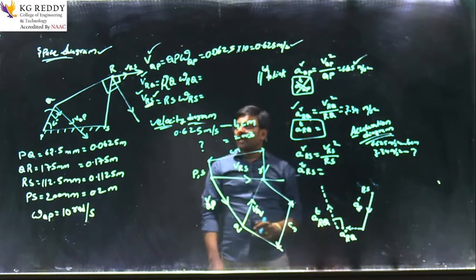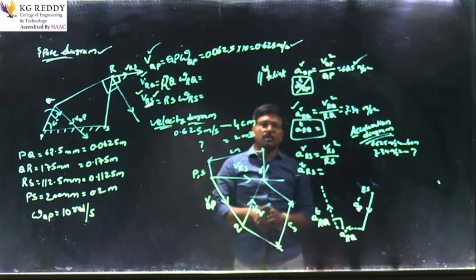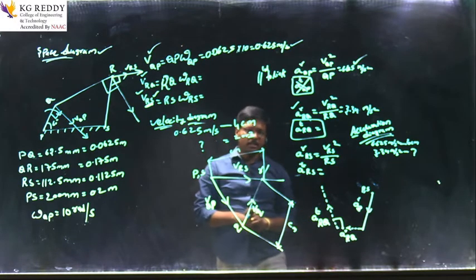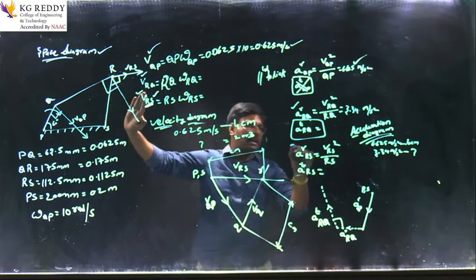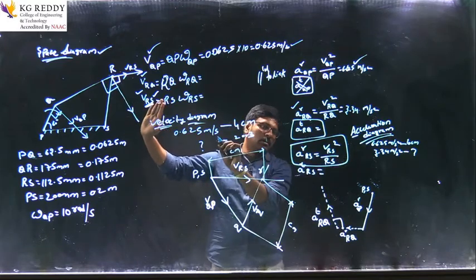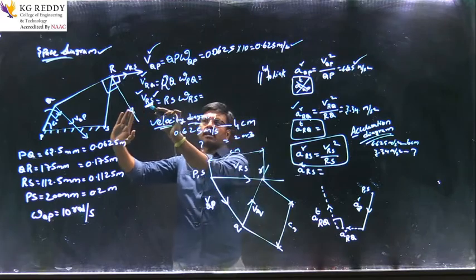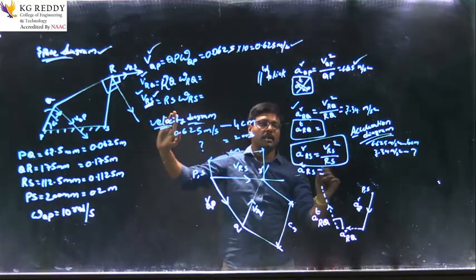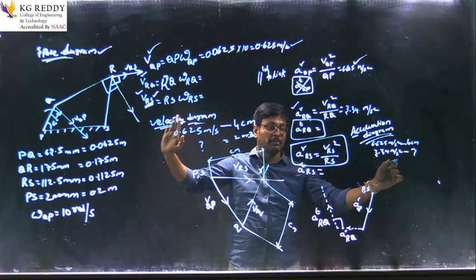Isn't it? So again come to R with respect to S. R with respect to S. So coming here, radial component, we already get the value from the data. We already got here the velocity of RS. So we will get some value here. So we have to convert again into centimeters.